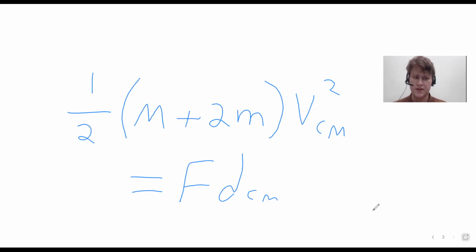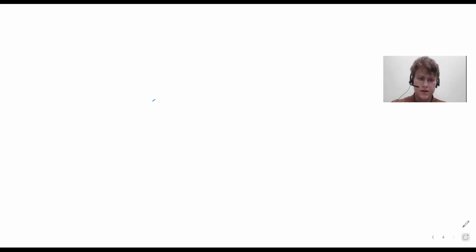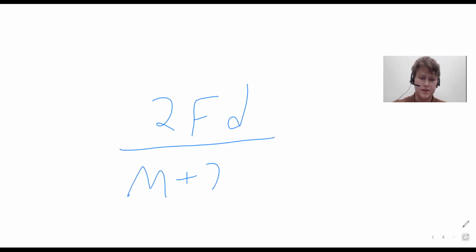And then we can basically just do some very simple algebra here. We take 2 times force times distance over the total mass, which was M plus 2m.